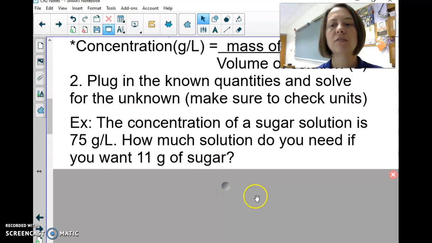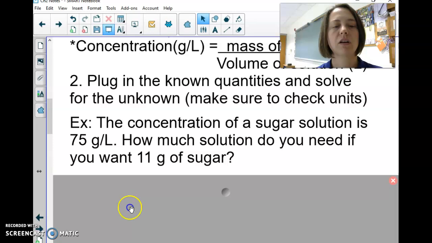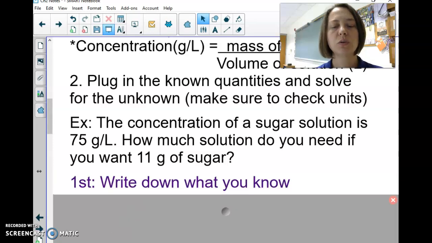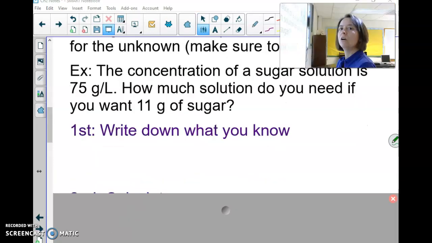The concentration of a sugar solution is 75 grams per liter. How much solution do you need if you want 11 grams of sugar? So the first thing we're always going to do is write down what we know. Okay, we've transitioned to our handy dandy smartboard and we're writing down what we know.